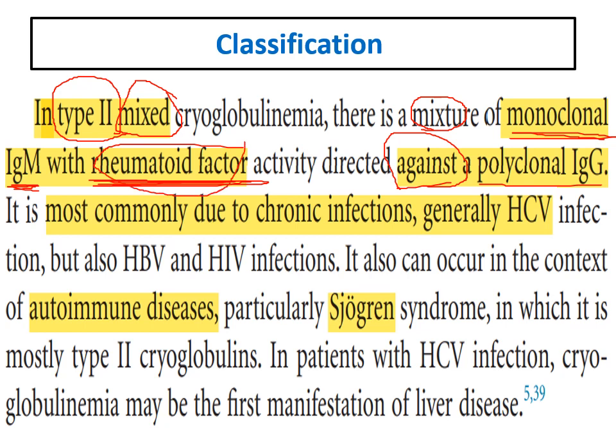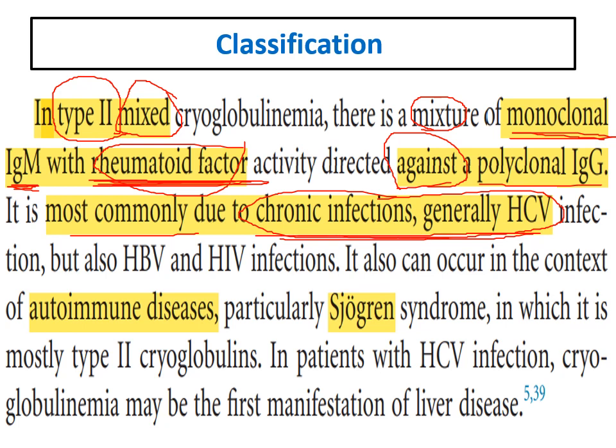In type 1, the most common causes are hematological malignancies, but in type 2 and type 3, the most common cause is chronic infections, especially hepatitis C virus. So the most common cause of cryoglobulinemia is hepatitis C virus infection.